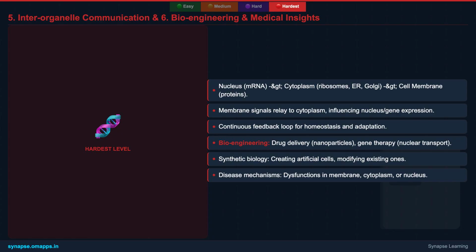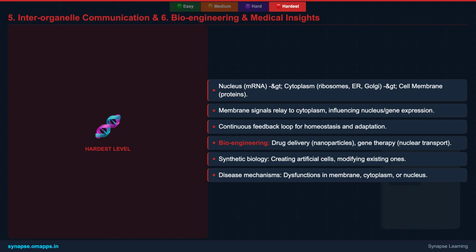These proteins may then be processed in the Golgi apparatus, also within the cytoplasm, before being transported to the cell membrane or secreted. Signals received by receptors on the cell membrane are relayed through cytoplasmic pathways to the nucleus, influencing gene expression. This continuous feedback loop ensures cellular homeostasis, adaptation, and coordinated function.